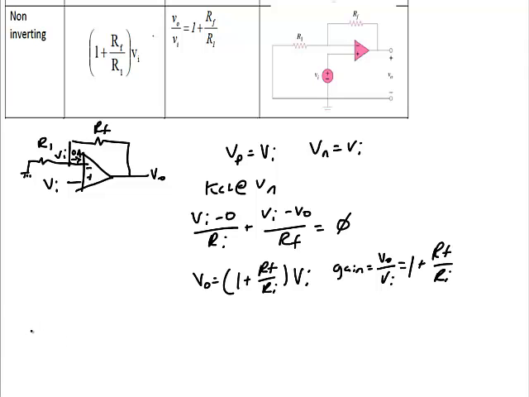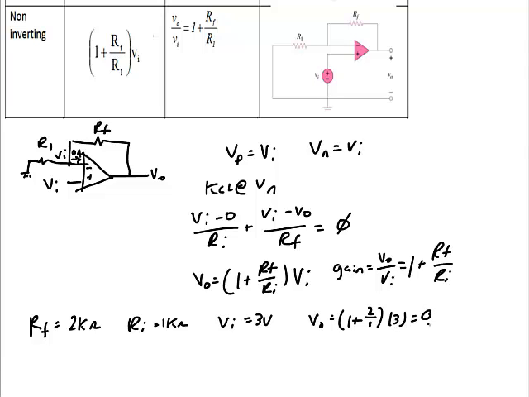Let's look at an example. If RF is equal to 2 kilo ohms, RI is equal to 1 kilo ohm, and VI is equal to 3 volts, what's the output? The output is 1 plus 2 over 1 times 3, which is 3 times 3, or 9 volts. And that makes the gain equal 3.